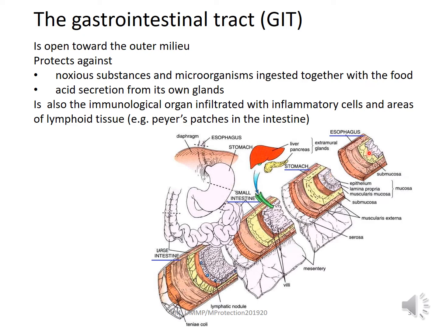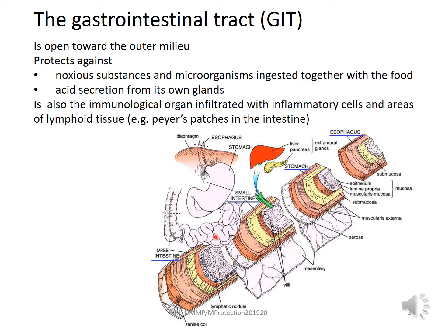And this structure is open to the outer environment, so it's very important for our GI structure or mucosa to be protected against noxious substances and microorganisms ingested together with the food. If you look at the small intestine, we have lymphoid tissue that we call Peyer's patches.